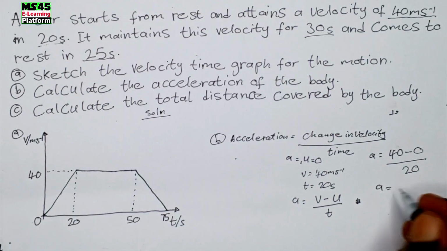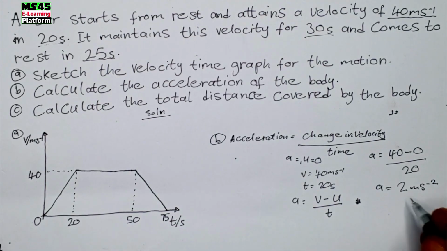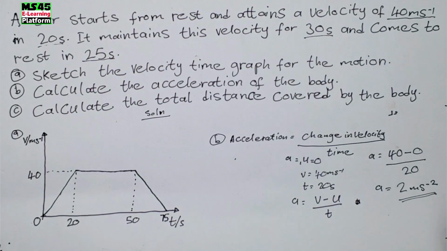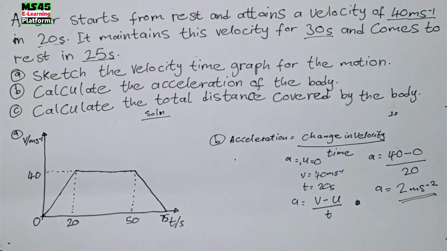So our a will be equal to 2. Therefore, our acceleration here will be equal to 2 meters per second squared. I hope you get it. You write it in a statement form after that.